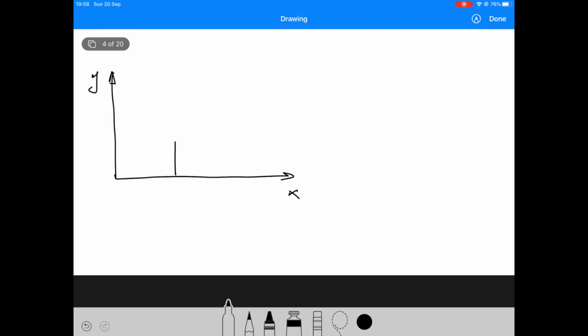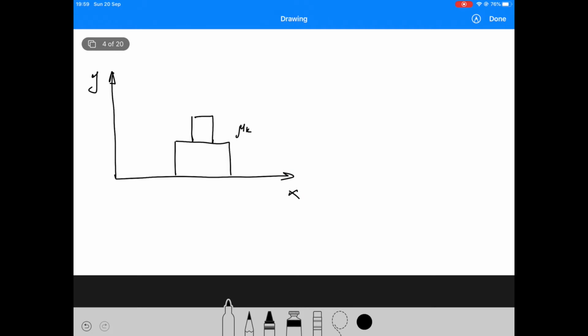We have two bodies, one larger and one smaller, on a frictionless surface. However, there is some friction between these two bodies. So the coefficient of kinetic friction is mu k.